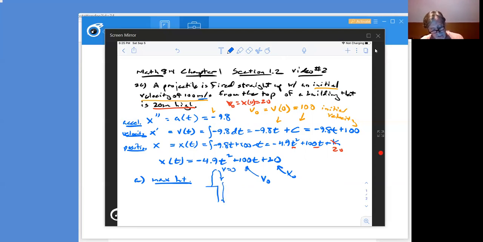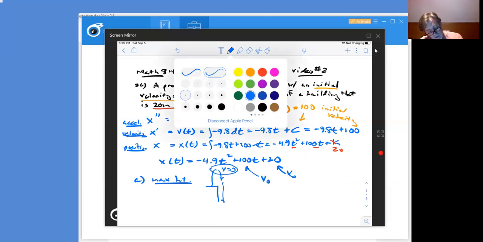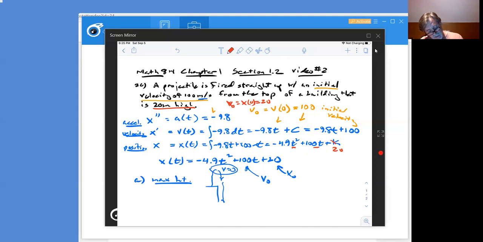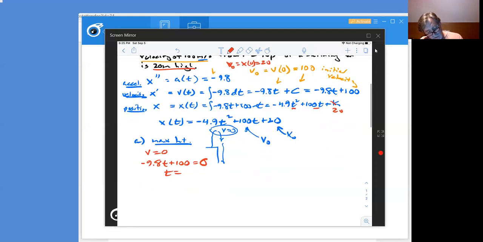So right there at the max, the easiest way to deal with that is to set velocity equal to 0. So you take your velocity function, negative 9.8t plus 100 equals 0, and you get the time that happens is when t is 100 divided by 9.8, which you might keep in your calculator.